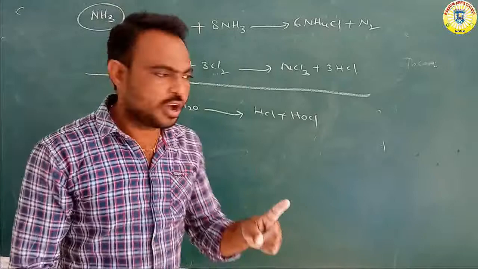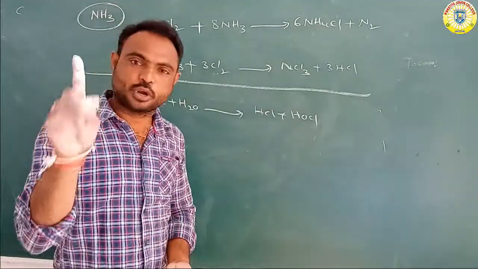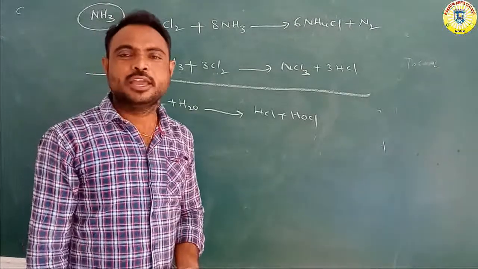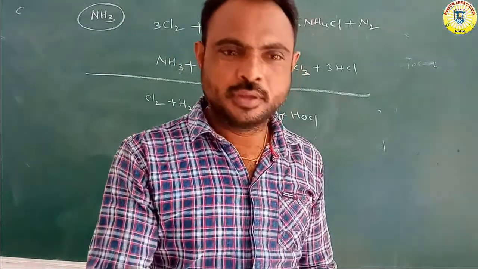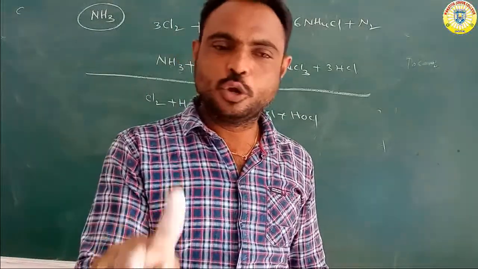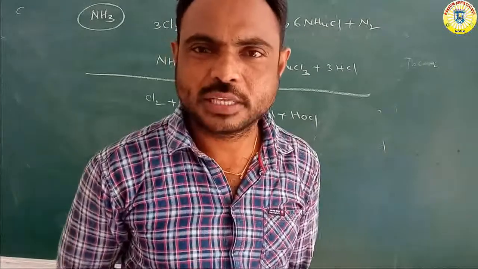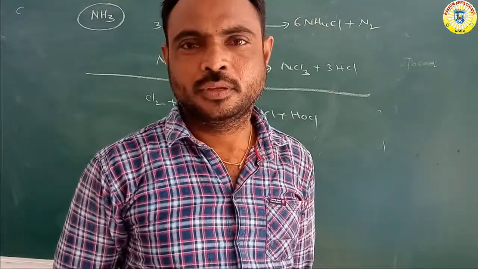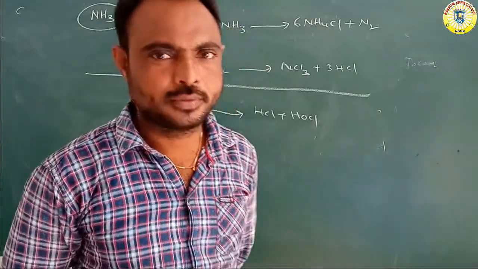The combination of HCl and HOCl is called chlorine water. What is chlorine water? The mixture of HCl, hydrochloric acid, and HOCl, hypochlorous acid, is called chlorine water.